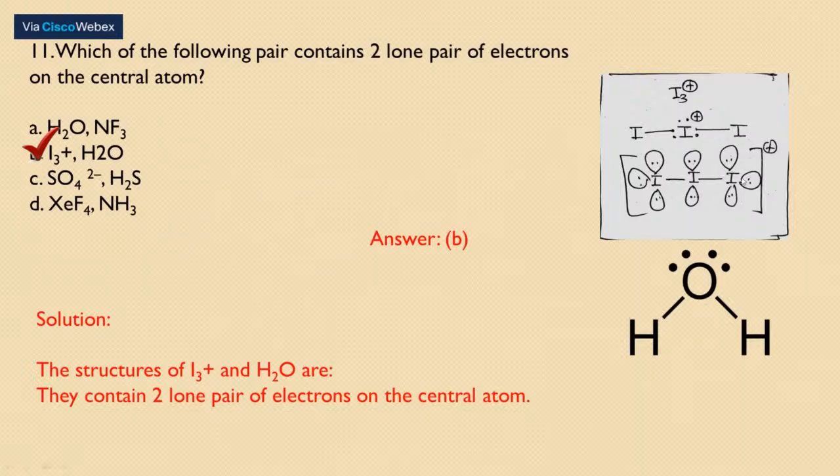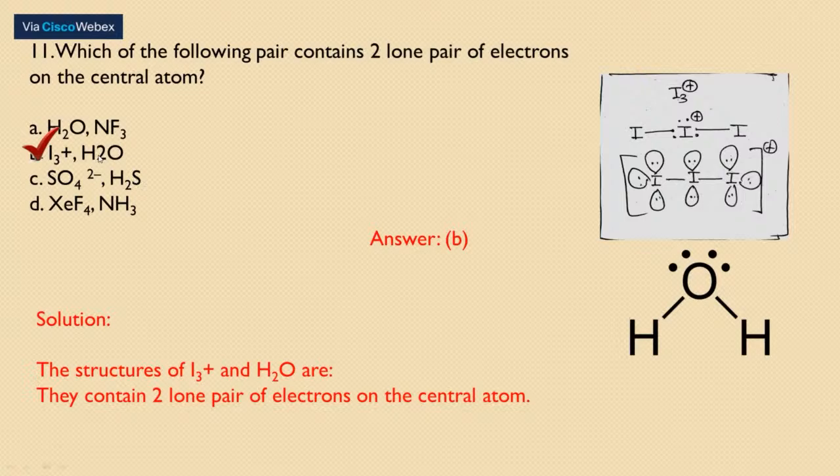In this structure, you can see that there are two lone pairs of electrons over the central iodine, and in the water molecule too, there are two lone pairs present on the central atom, that is oxygen.